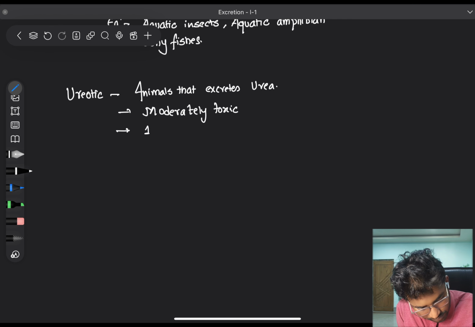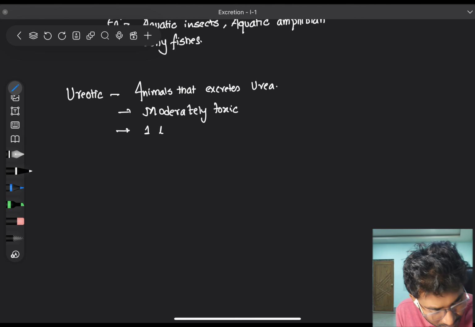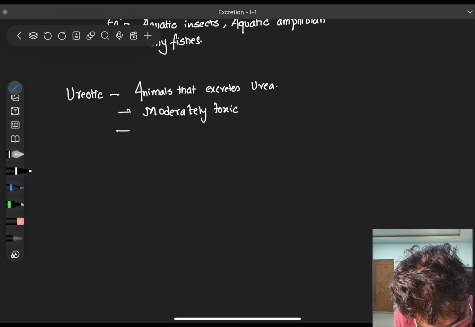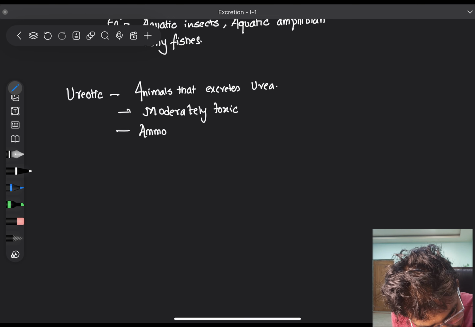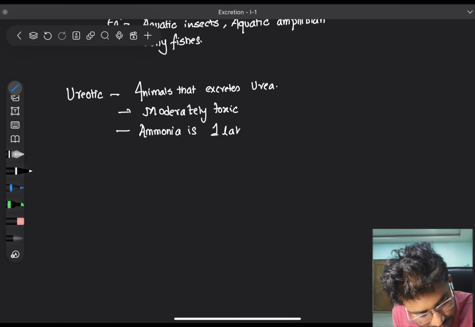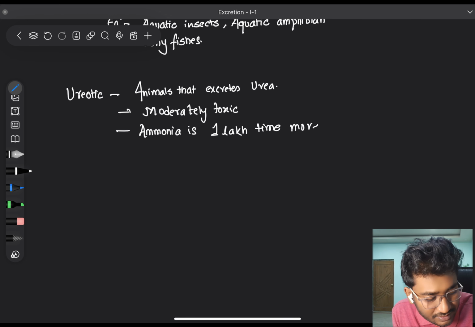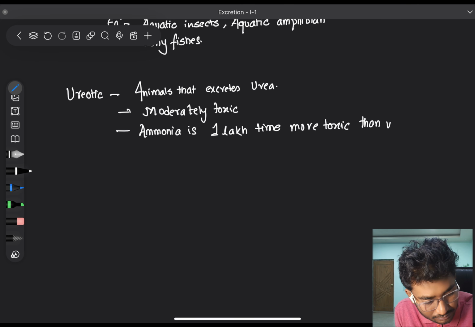Ammonia is 1 lakh times more toxic than urea.